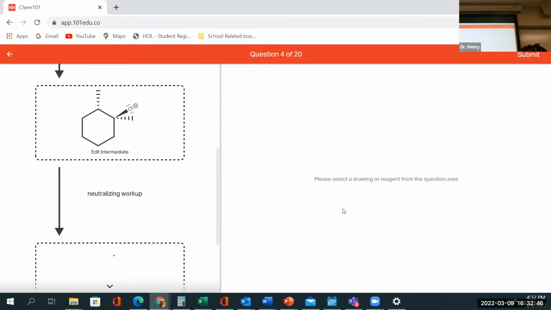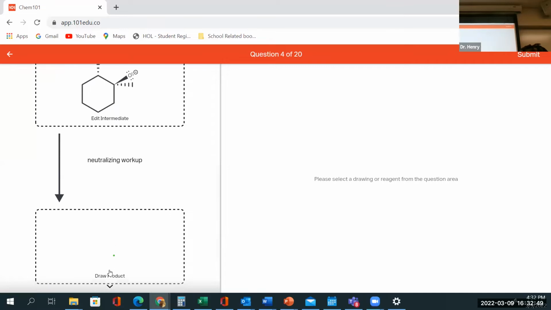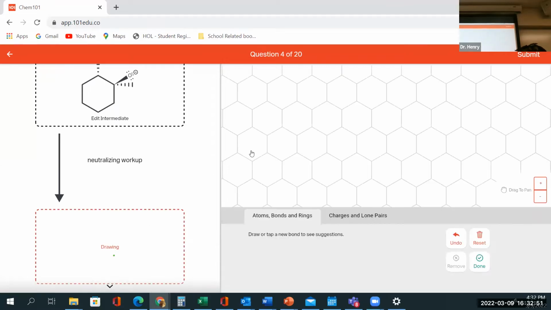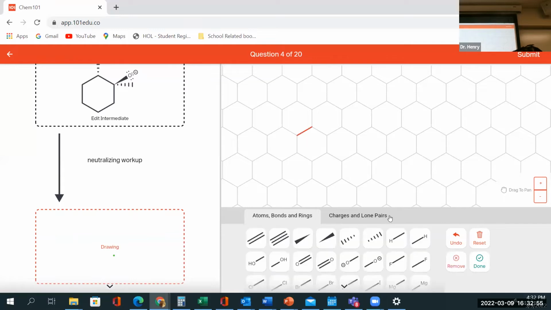It becomes an alcohol. Because it's being neutralized, we're getting rid of the negative charge, right? And so we wanted to have it so that it has a stable charge or a positive. So it's going to use the water, it's going to be added from water.